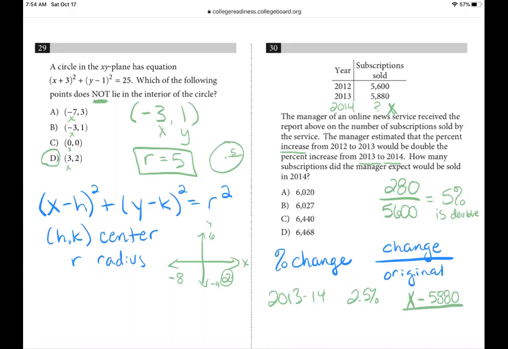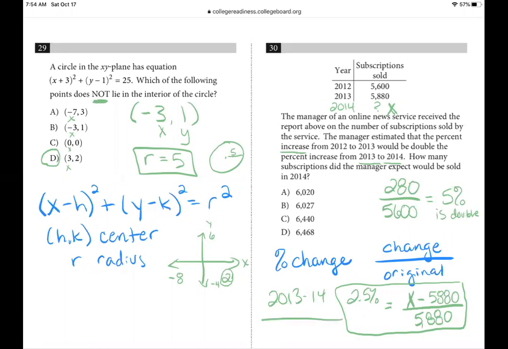And then I'm going to divide by, again, in this case, the earliest year, the starting year, which would be the 5,880 for 2013. And then we want to set that equal to our 2.5%. If you solve this, you'd want to convert your 2.5% to a decimal, so be careful with that. You would have 0.025.